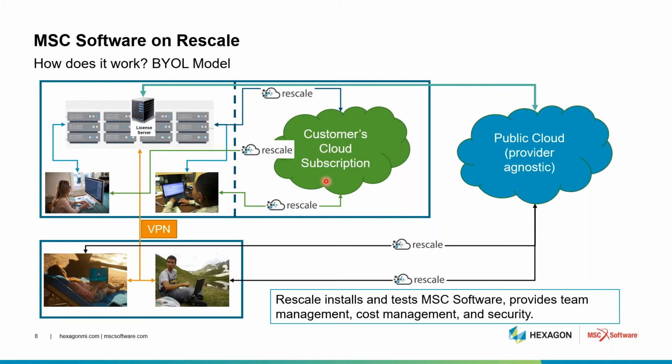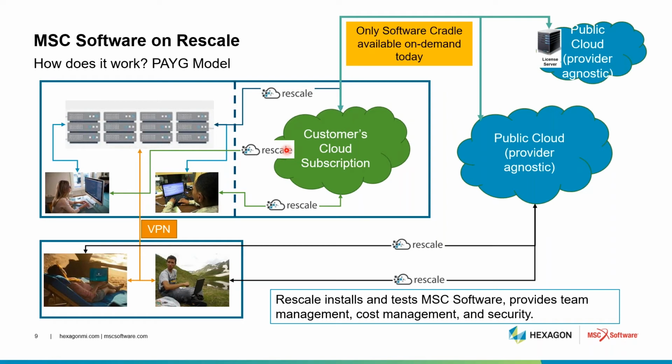The customer's cloud subscription is using Rescale and calling out those licenses from your license server, and your employees can run those licenses, like the analysis of MSC Nastran or other software, on the private cloud, or they could use a public cloud. The private cloud is your organizational cloud, whereas the public cloud is used by multiple organizations as well. Rescale installs and tests MSC software, and we tightly work with them and provide them our feedback continuously. That is something that we do.